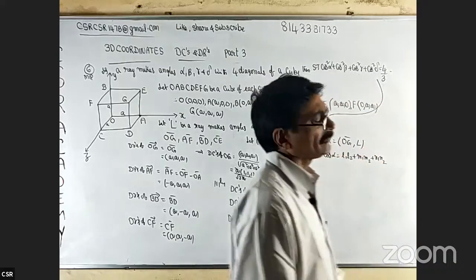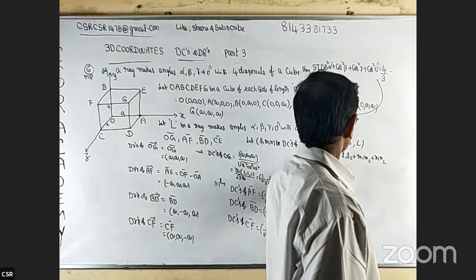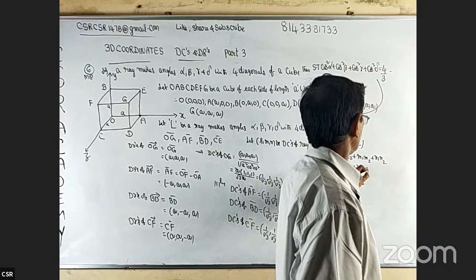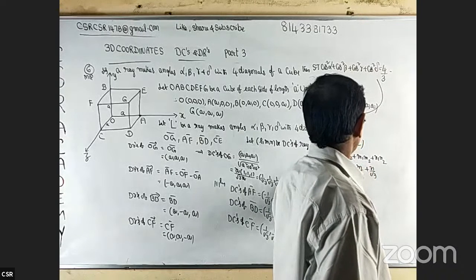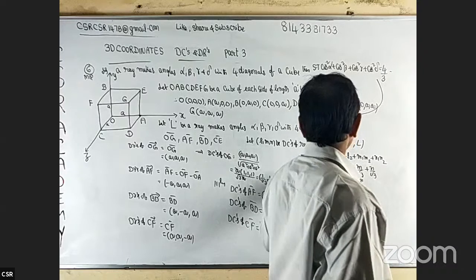When the DCs are given, that means L into 1 by root 3 plus M into 1 by root 3 plus N into 1 by root 3. That means (L plus M plus N) by root 3.